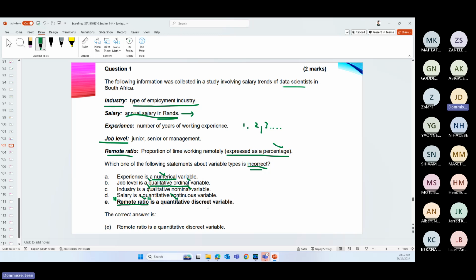Quantitative is right, but discrete is wrong, because again I don't know what the values are going to be. It should be quantitative continuous and not discrete, because it is like the salary.